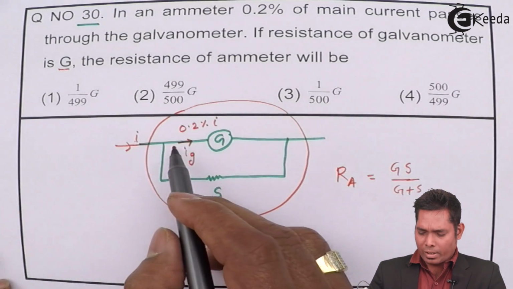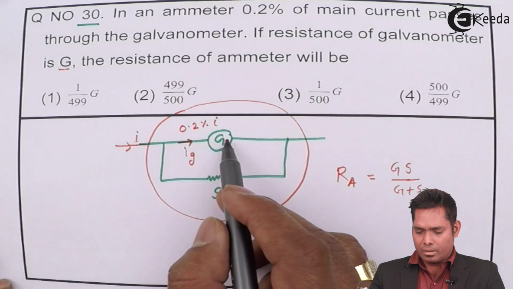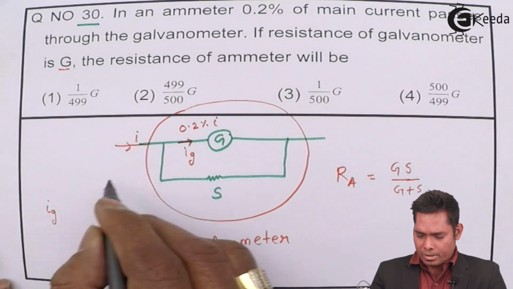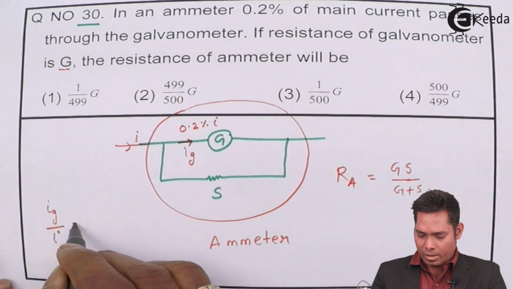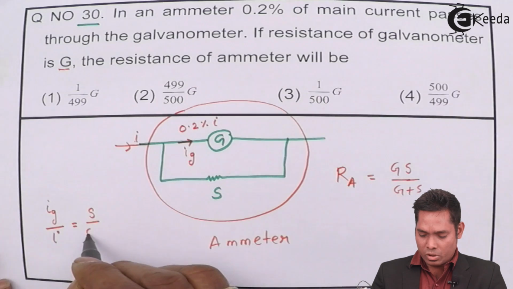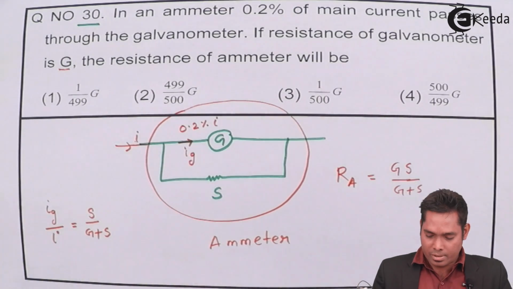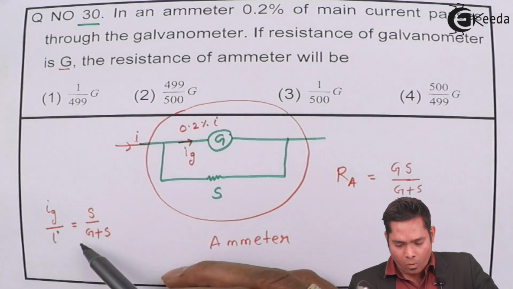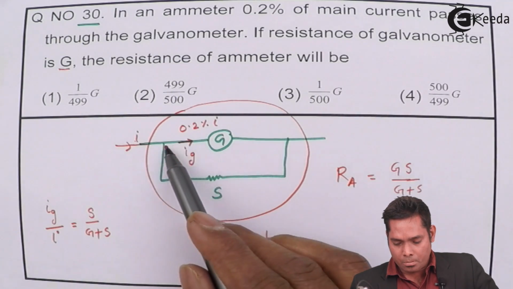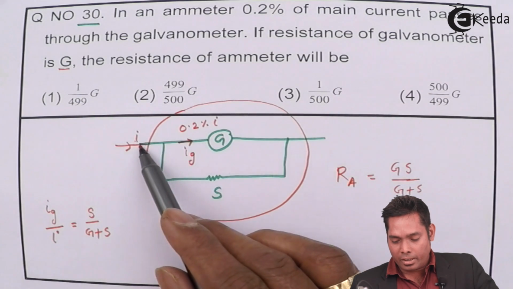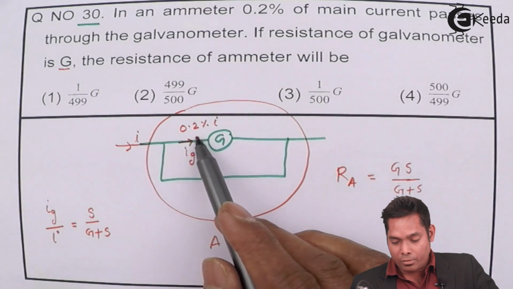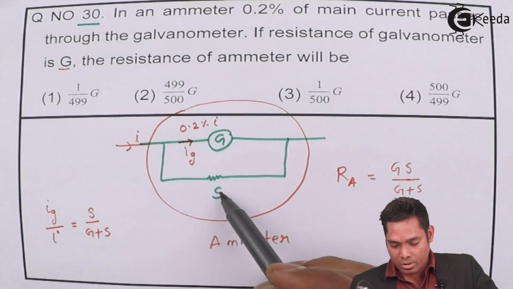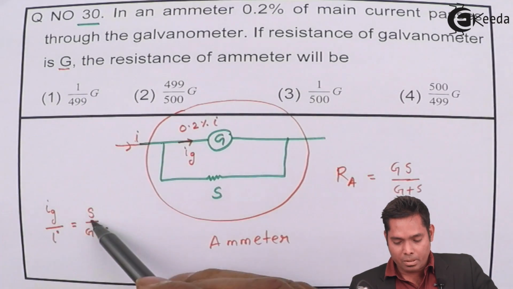We know that the fraction of the current passing through the galvanometer is Ig over the main current I, given by S over G plus S. This is found from the current divider method: whatever current I want in one arm, I write the resistance of the opposite arm divided by the total resistance, multiplied by the main current.